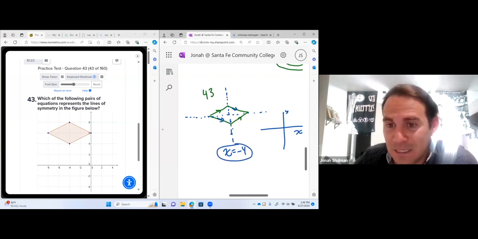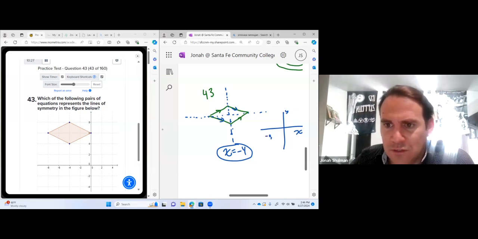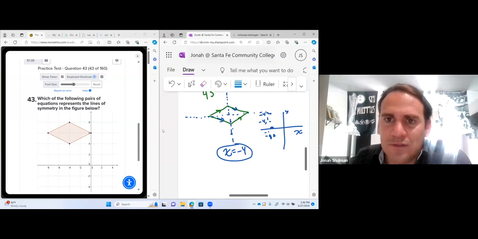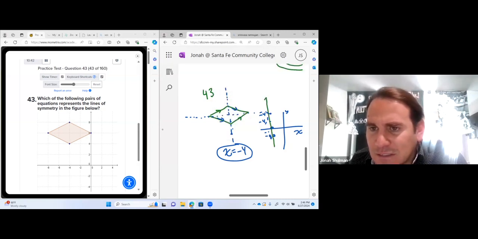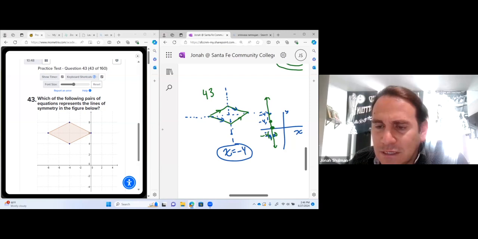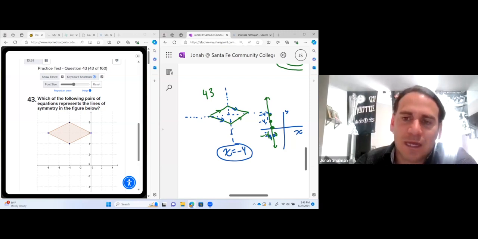This means the point -4, 0, -4, 1, -4, 2. So all these points, the one thing that matches on them is that their x is equal to -4. -4, 0 is right here. -4, 1 is here. -4, 2 is here. So that's what that means.